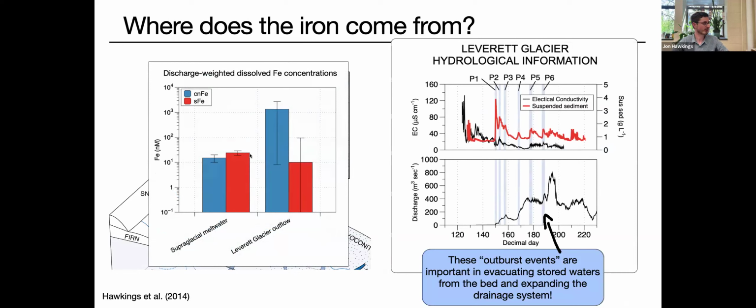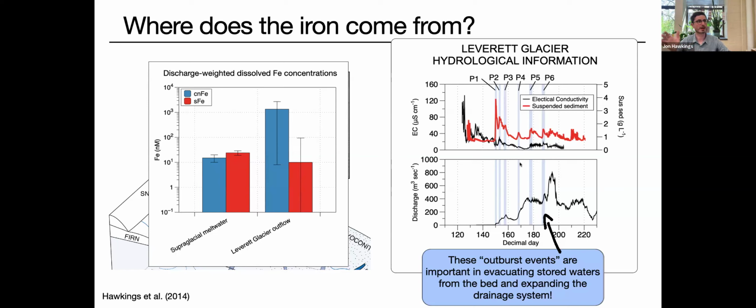This is superglacial meltwater on the left, on a log scale of dissolved iron in nanomolar. These are the river waters at the front. Basically, dissolved iron is an addition of these two bars. So there are orders of magnitude more dissolved iron in the water coming out of the front of the glacier compared to the water melting on the surface and entering the glacier.